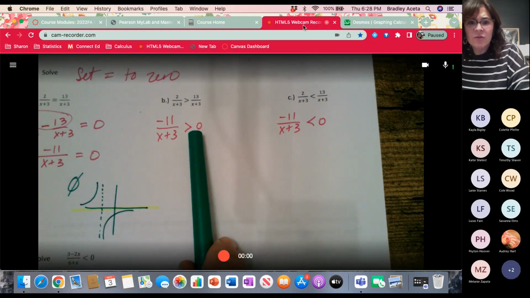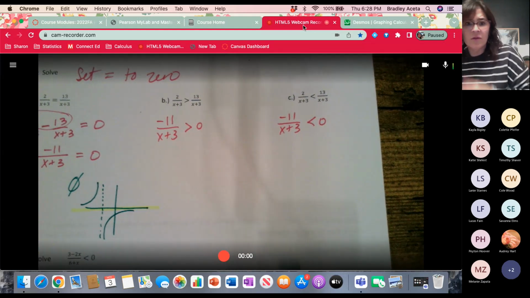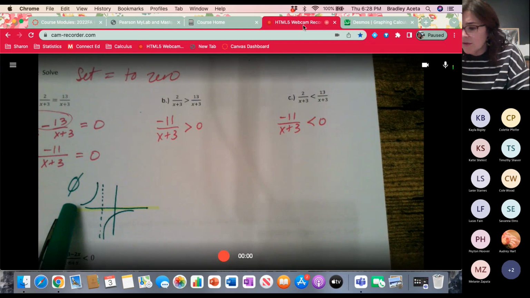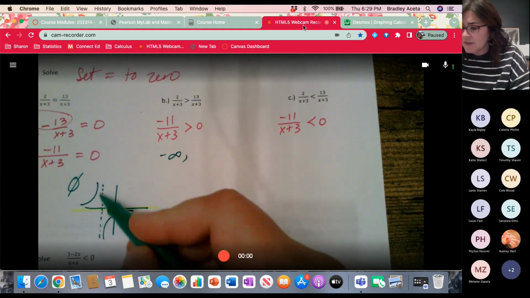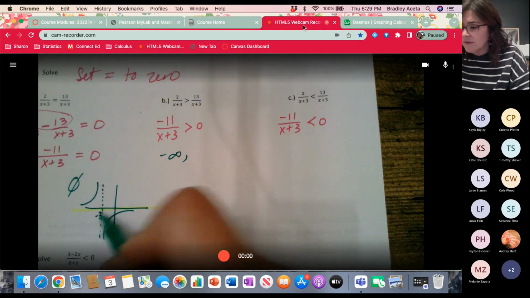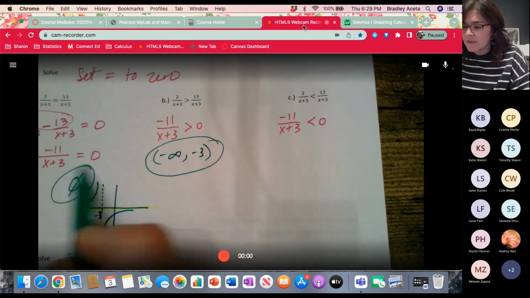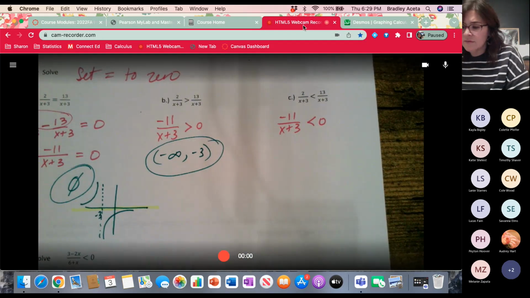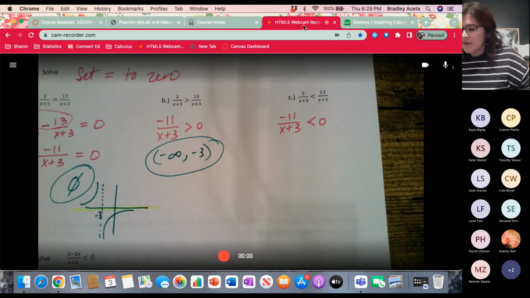What about for this one? Where's the picture greater than 0? Where's the hook above the yellow line? It's above the yellow line right here, which we would say from negative infinity up to the asymptote, from negative infinity up till -3. So the equals one has no solution. This one has a picture above the yellow line up to the asymptote.